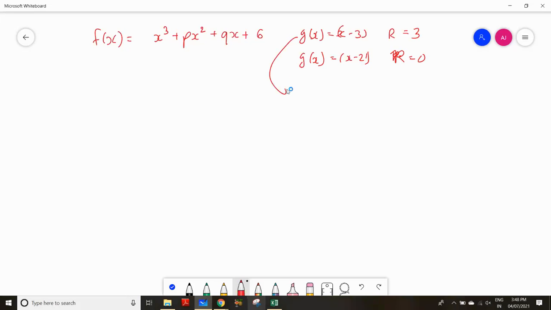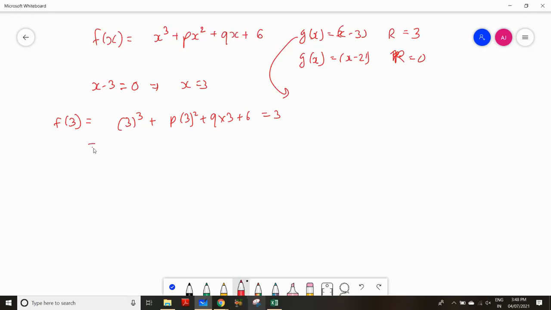So when g(x) equals x minus 3, we are taking the first condition. We equate x minus 3 with 0 and get x equal to 3. Now when you find f(3), you get remainder equal to 3. So 3 cube plus p into 3 square plus q into 3 plus 6 equal to 3.